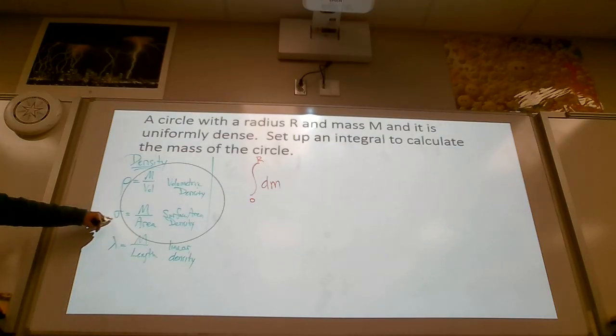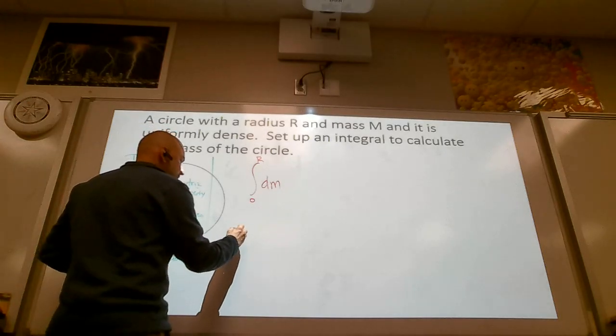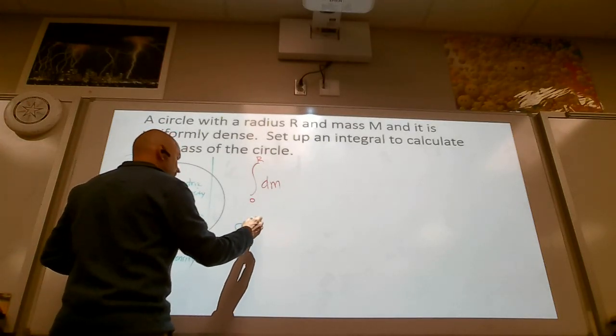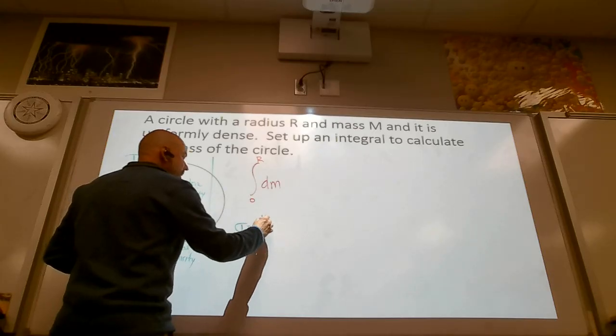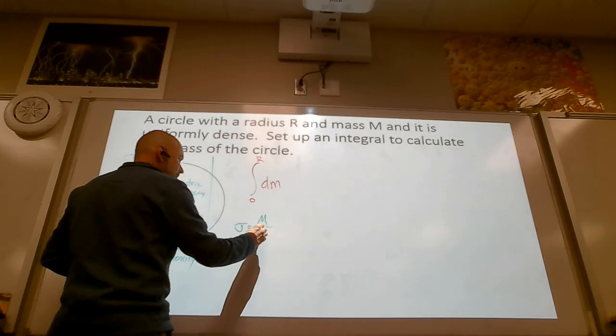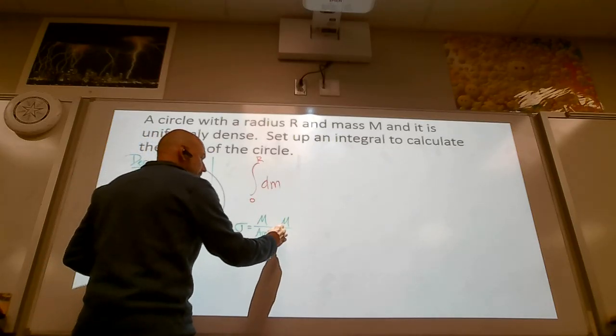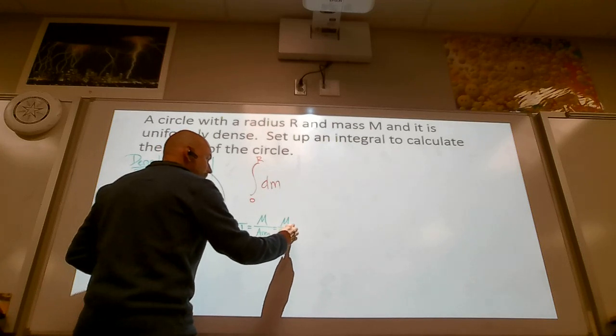So I'm going to employ this surface area density trick because it's uniformly dense. I know the mass over the area. Well, I know the area is going to be pi capital R squared.